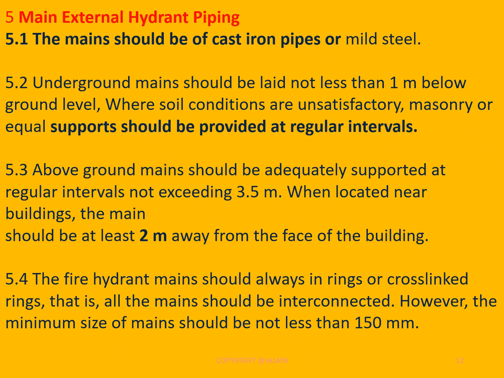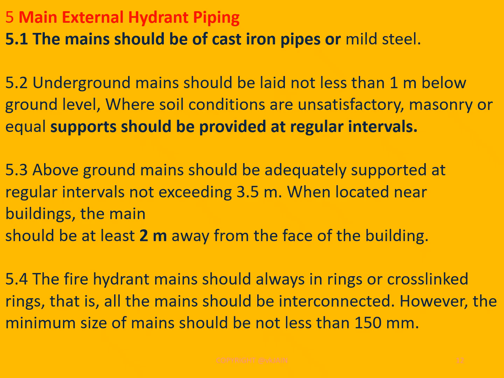Friends, this particular slide shows us the external hydrant piping known as yard hydrant as per National Building Code. The mains should be of cast iron pipe or mild steel.